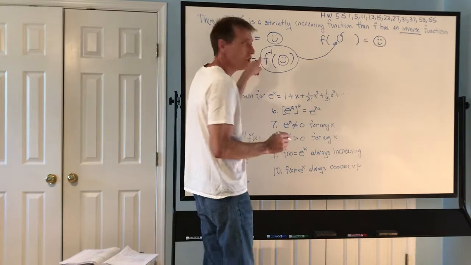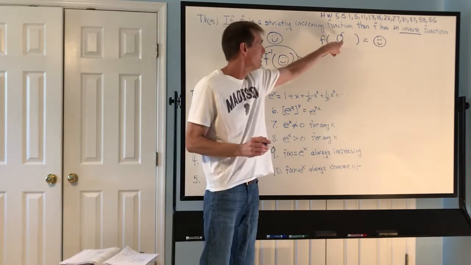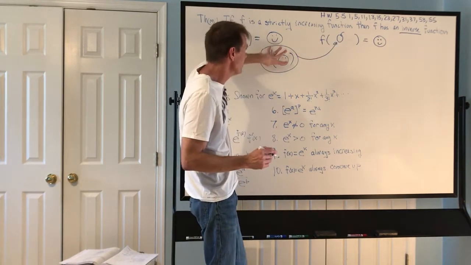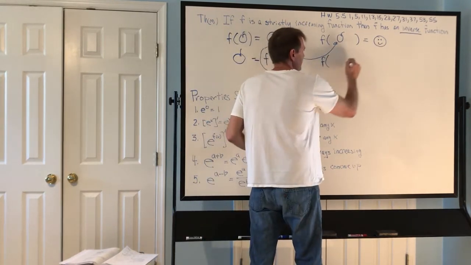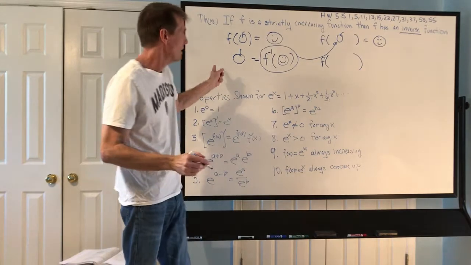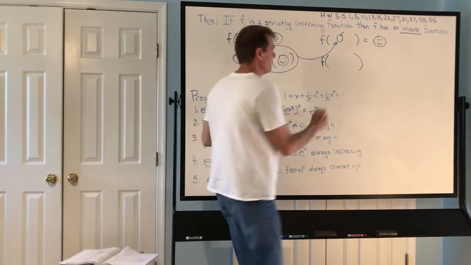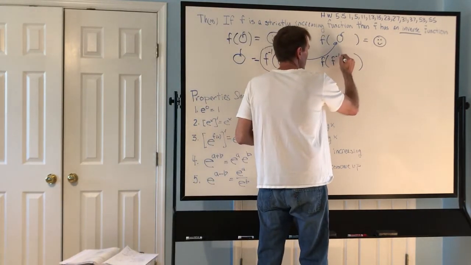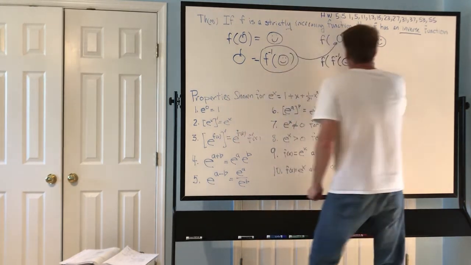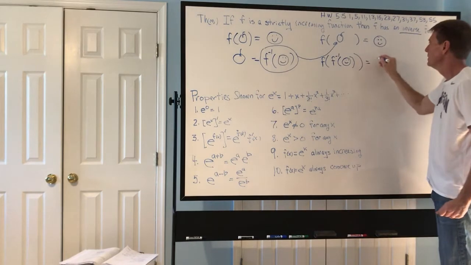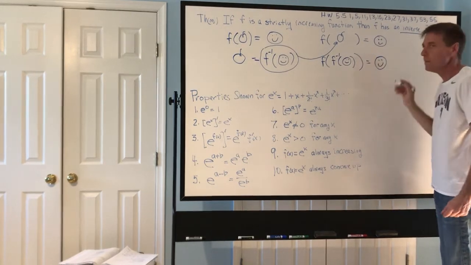Okay, so I'm just going to substitute this in here. So I would have f of apple, but apple is f inverse of smiley face. F of apple is smiley face.